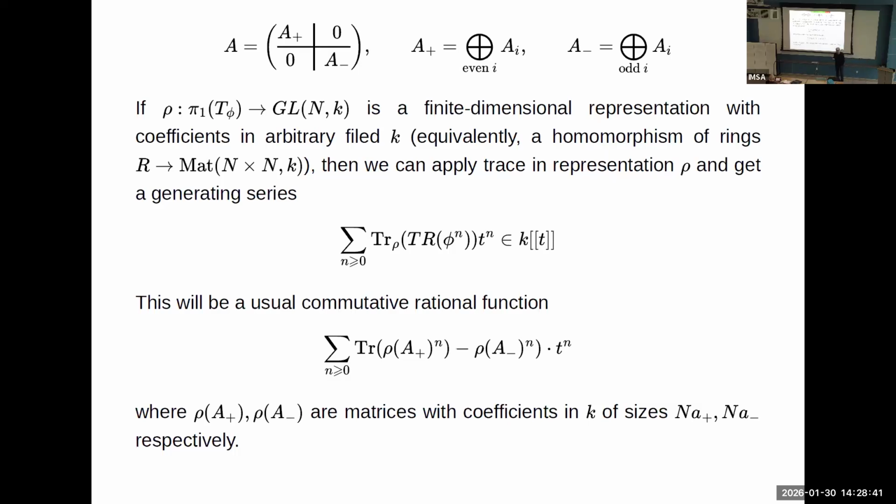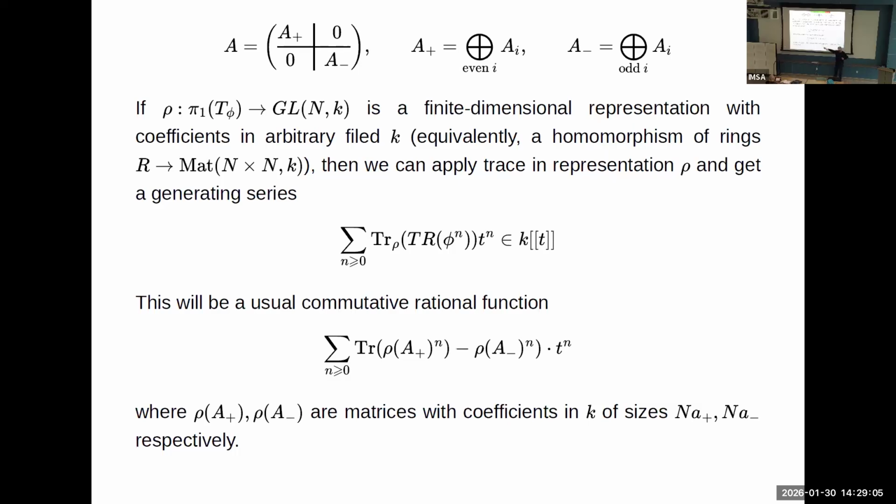And what do we get? Before, conjugacy classes of elements of an abstract group; now we have conjugacy classes of some matrices. So we get traces of these matrices. You get some series, and this series will be rational. And how to calculate it? We just follow the definition.